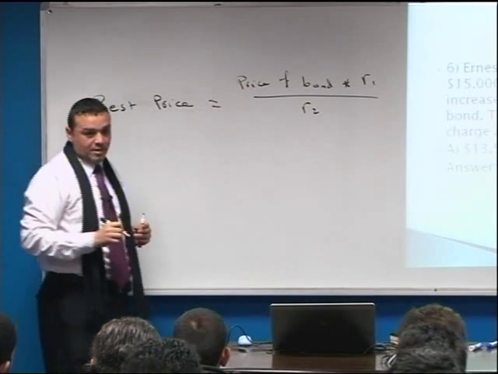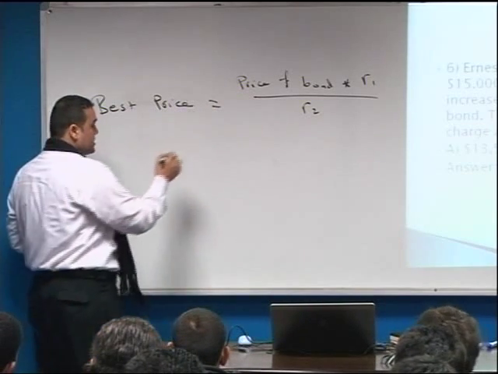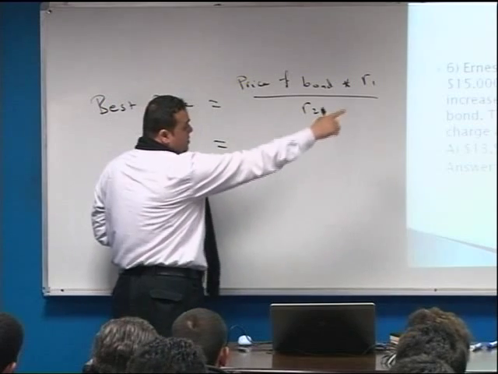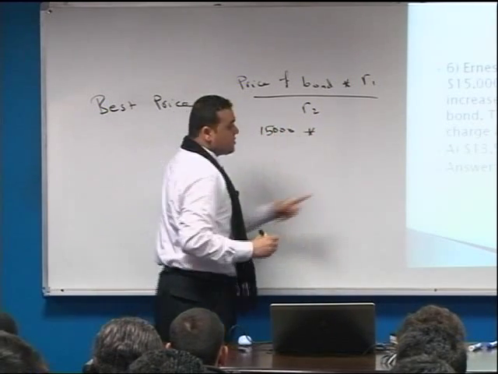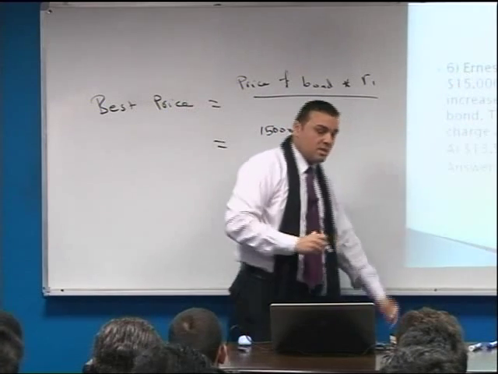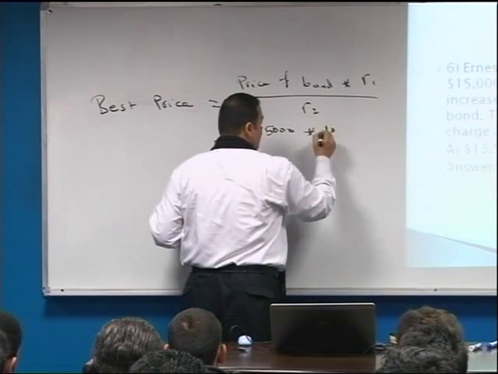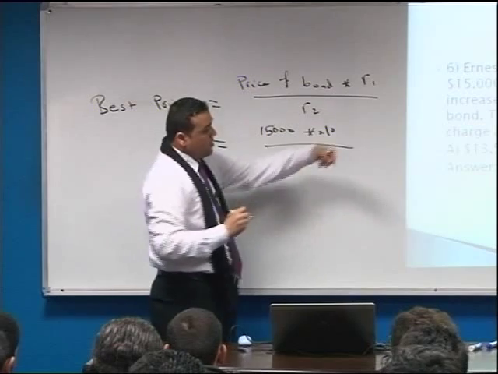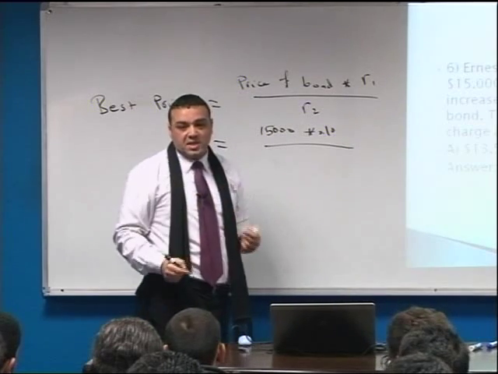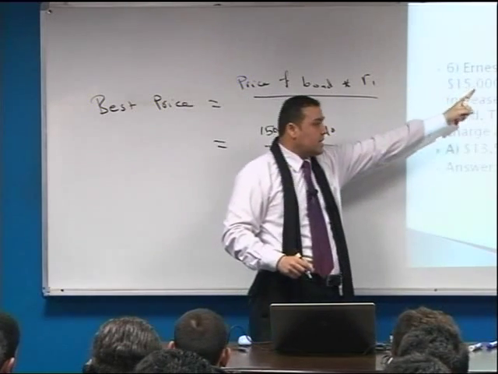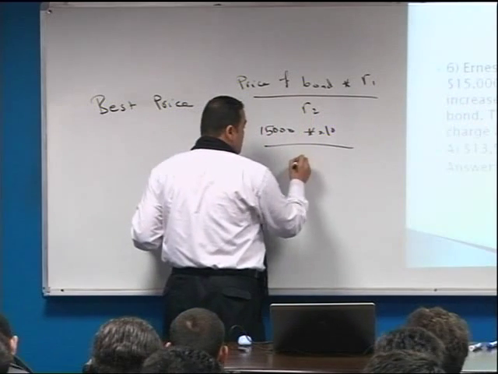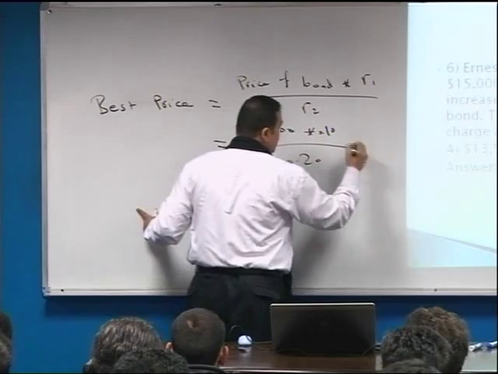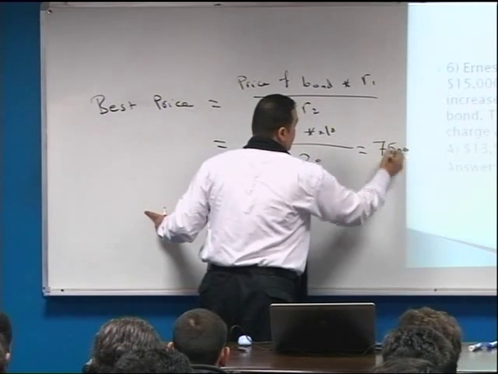This is the formula you will work with. So it equals the price of the bond, $15,000, times the initial interest rate of 10%, over the new issued interest rate R2 of 20%, which equals $7,500.